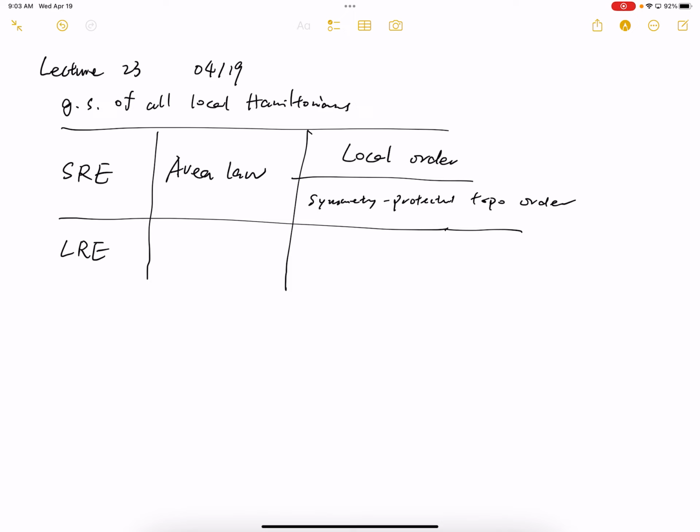The other class are long-range entangled states. These are the states that cannot be generated from a product state with a finite depth local quantum circuit. These states could either obey the area law or not. Because we're talking about ground states of local Hamiltonians, even though they violate the area law, the violation is not huge. It's basically a logarithmic divergence, not volume law.